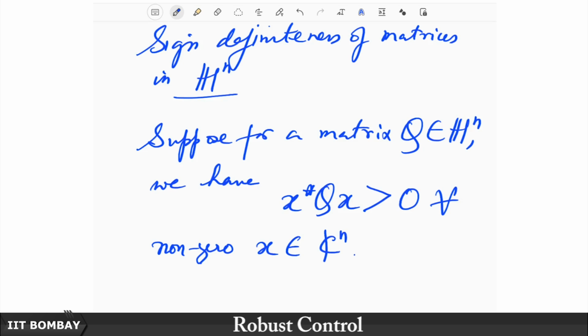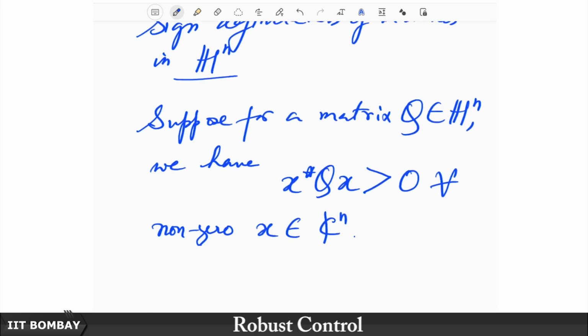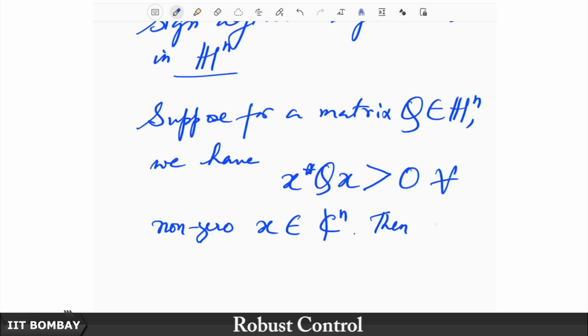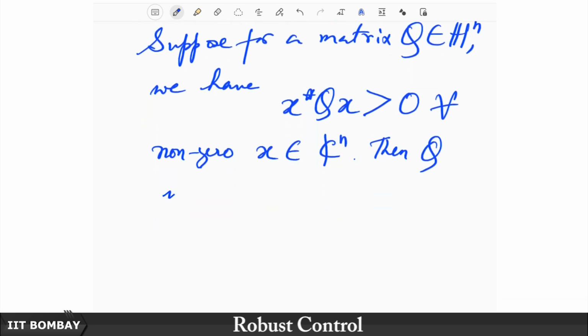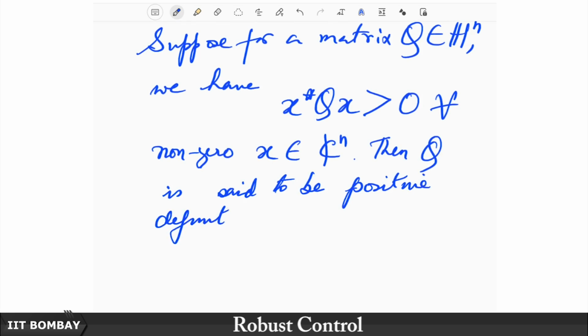Suppose this is true, then Q is said to be positive definite.